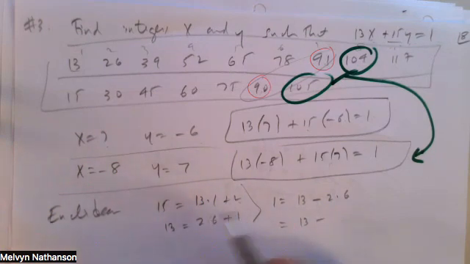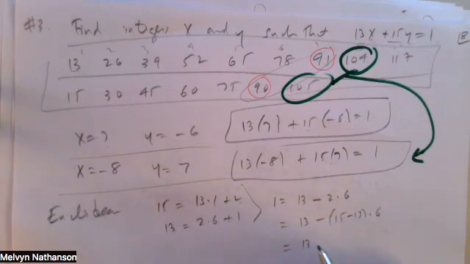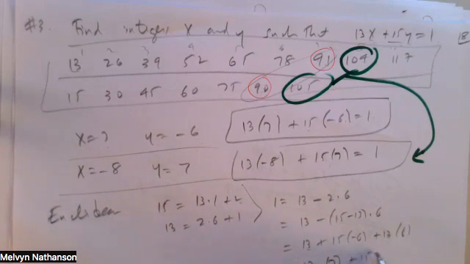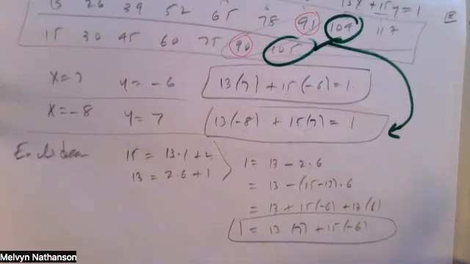But 2 is 15 minus 13. So that's the same as 13 minus (15 minus 13) times 6. This is 13 plus 15 times minus 6 plus 13 times 6. That's 13 times 7 plus 15 times minus 6. So I could also have gotten this from the Euclidean algorithm.